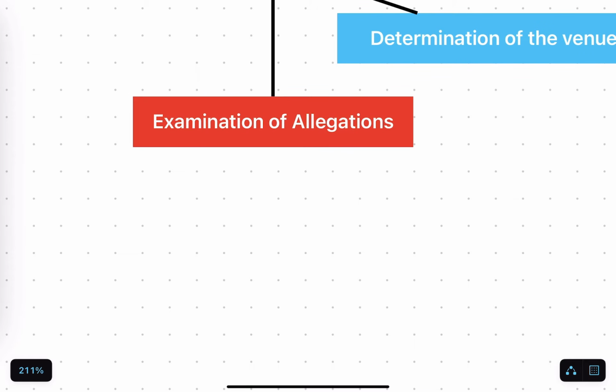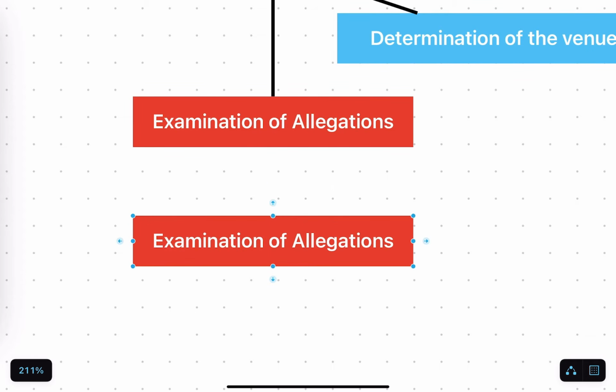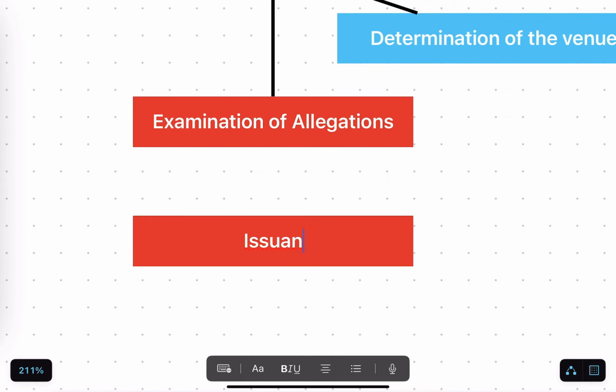So, can the court still dismiss? Yes, under Rule 9, there are 3 grounds for the dismissal by the court. So if the grounds under Rule 9 are not present, then the court will proceed with what? With the issuance of what? Summons.